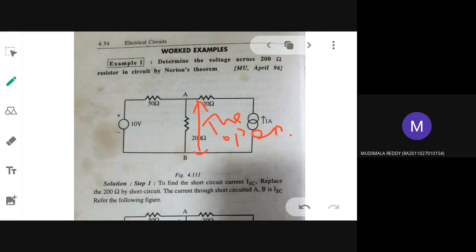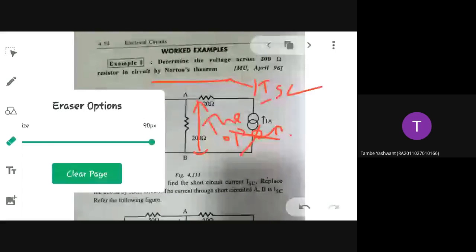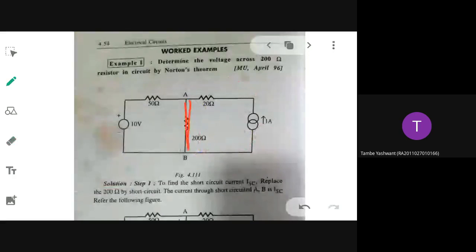But here they have asked you to proceed with Norton's theorem, which is relevant to ISC. So instead of opening, what do you need to do with that terminal? Ma'am, short the terminal. Okay, you need to short it. First step is you need to short it. Then you will be finding out ISC through that. That will be your first step.